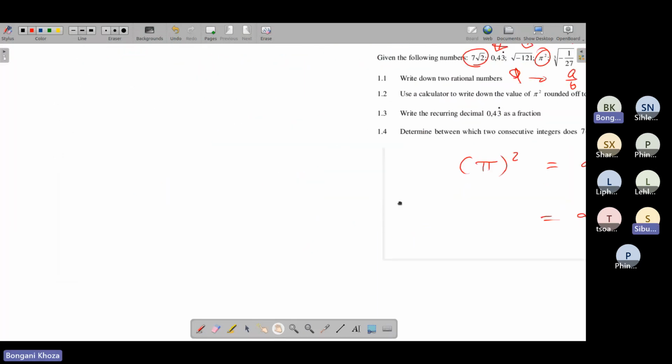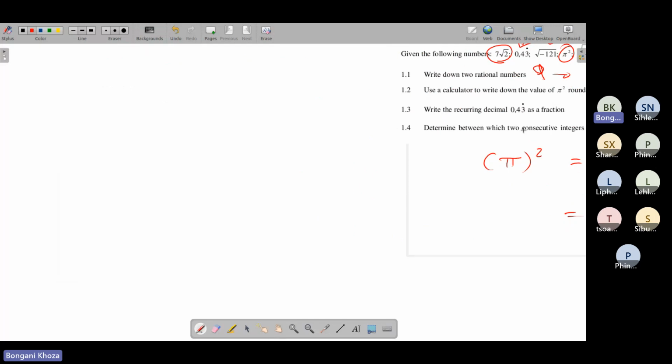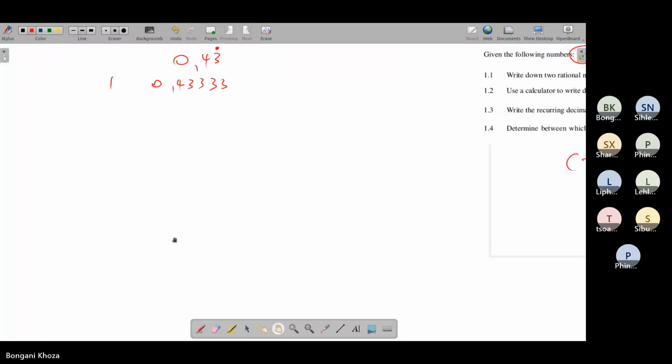All right, next question is asking us to write this recurring decimal as a fraction. So you're given 0.43 recurring. So this is just saying you're having 0.433333 and so on. So what you will do, you will say let this be x.